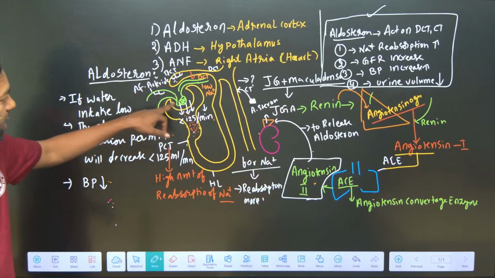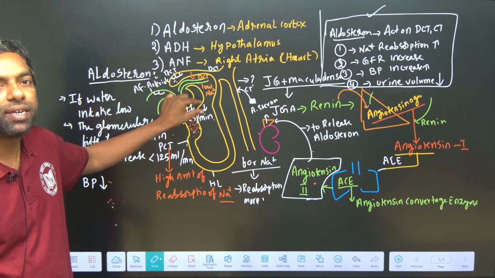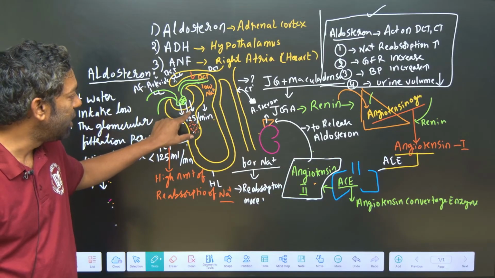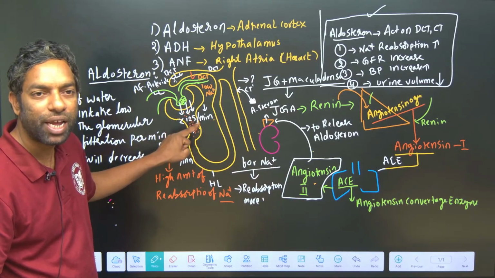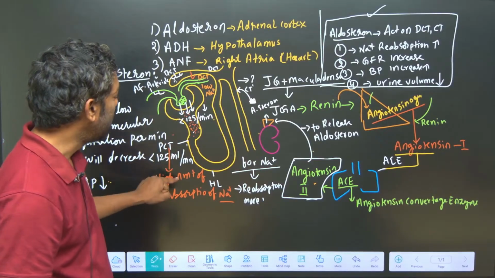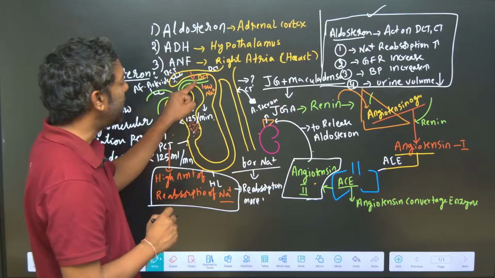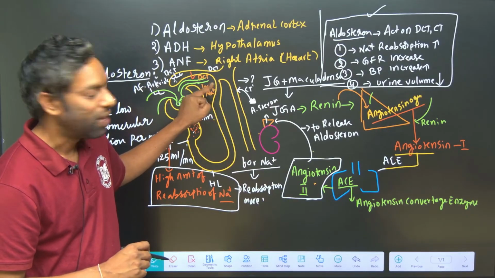If the blood pressure decreases, the glomerular filtration rate will decrease. In this condition, sodium reabsorption takes place in the PCT part. More reabsorption of sodium in the PCT leads to a low amount of sodium in the DCT part.